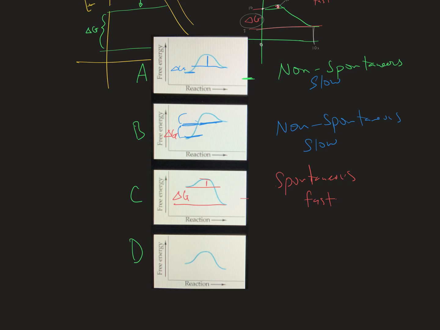Okay. And what about this one? Spontaneous or non-spontaneous? Spontaneous and very slow, because here's my delta G. It's tiny compared to my activation energy. They look the same? I don't know, yeah, it could be.